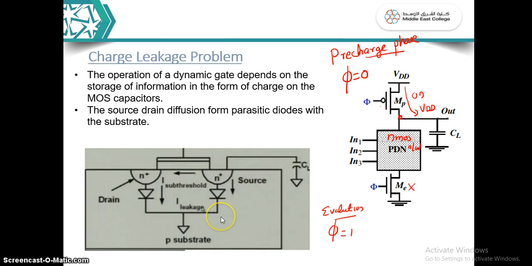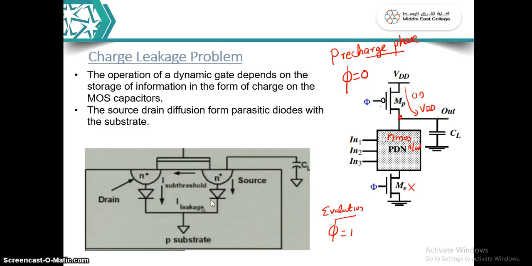There will not be just one parasitic capacitance. There will be a number of parasitic capacitances that form between the source and the substrate, through which your capacitor CL will start to discharge. These parasitic capacitances will be reverse biased. So through this reverse biased junction, there will be a small reverse bias current through which the capacitor will be discharging.